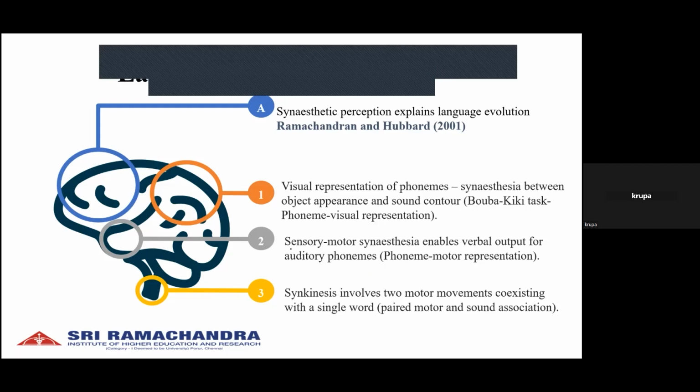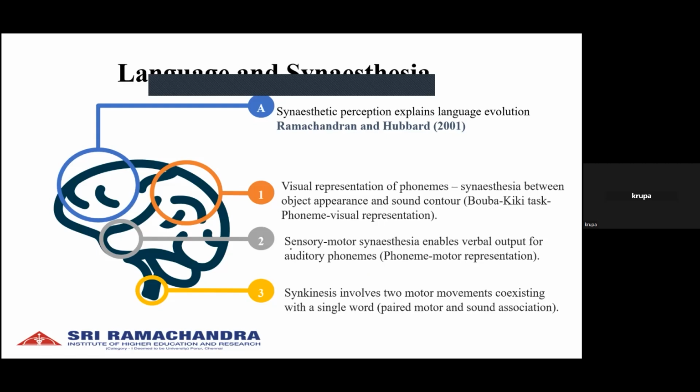For any sound, there is an object appearance, which means that sound and vision could be related. Sound is perceived auditorily, and the object is perceived visually, but individuals could orient the sound and the object. That is the way they could internalize language. That's the first claim.